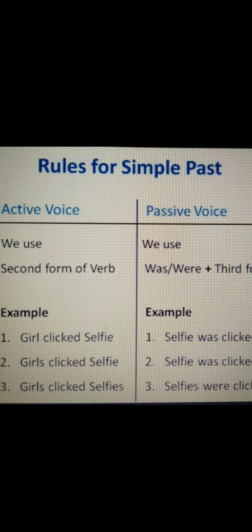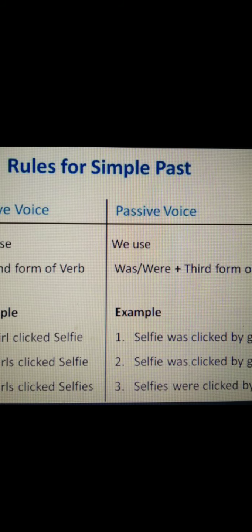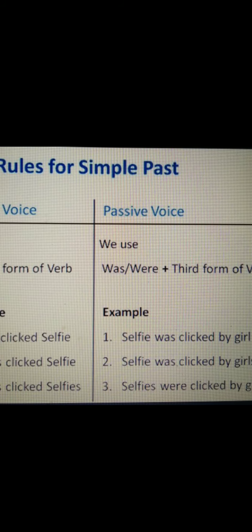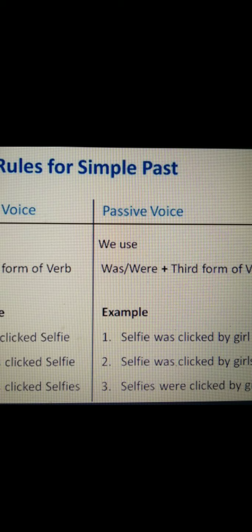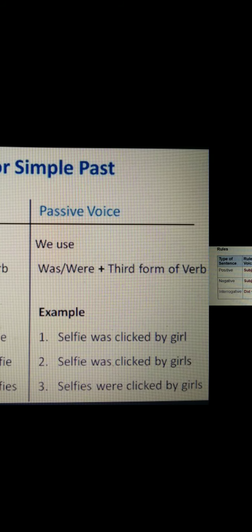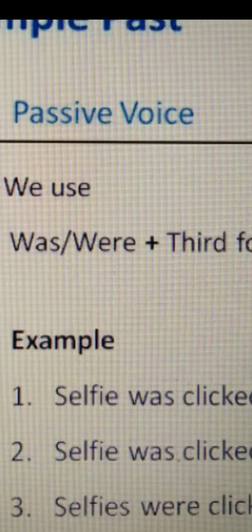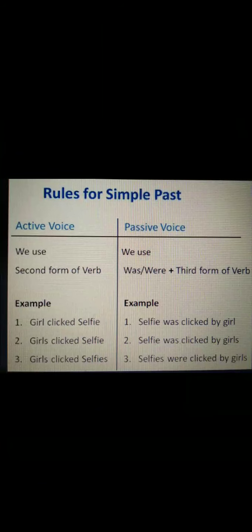Girls is in plural form and selfies is in plural form. To remove the confusion, the new subject is selfies. Selfies is plural, that's why we will write here were, not was. Selfies were clicked by girls. Clear, girls? This is the difference between was and were.